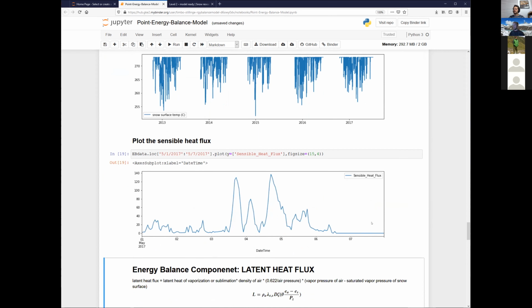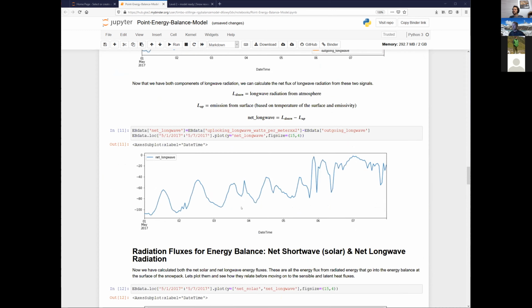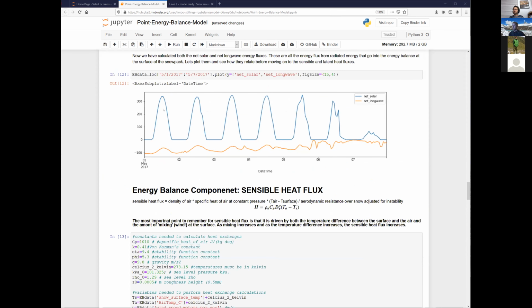And so what do you guys notice about this compared to those other long wave and short wave fluxes that we looked at? Does the sensible heat flux look as regular as those other ones? There's no kind of distinct pattern that we saw. Like if I go up here, here's the net long wave and short wave.